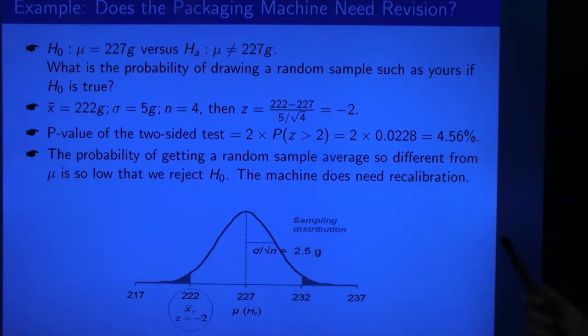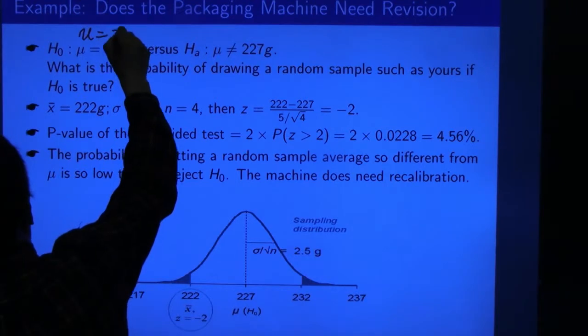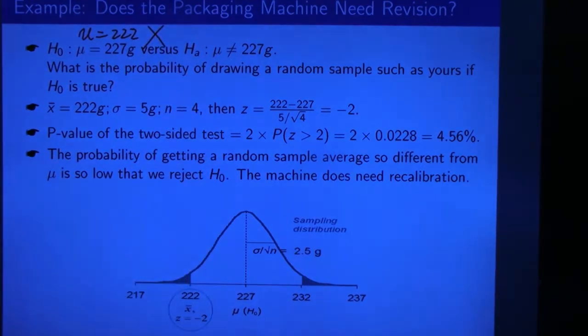Keep in mind, don't write mu equals 222. That one is not correct because 222 is the x bar. These hypotheses are always applied to the population, not to the sample. So mu equals 227 versus alternative hypothesis is mu is not equal to 227.